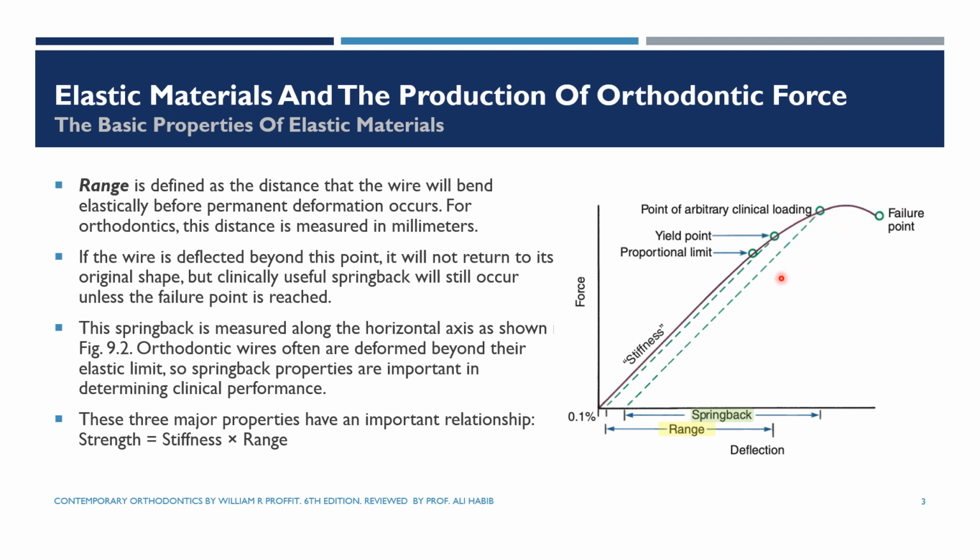It's a very important feature which indicates the clinical performance of the wire. These three properties, strength, stiffness, and range, are very important when we evaluate wire performance. Strength equals stiffness times range.